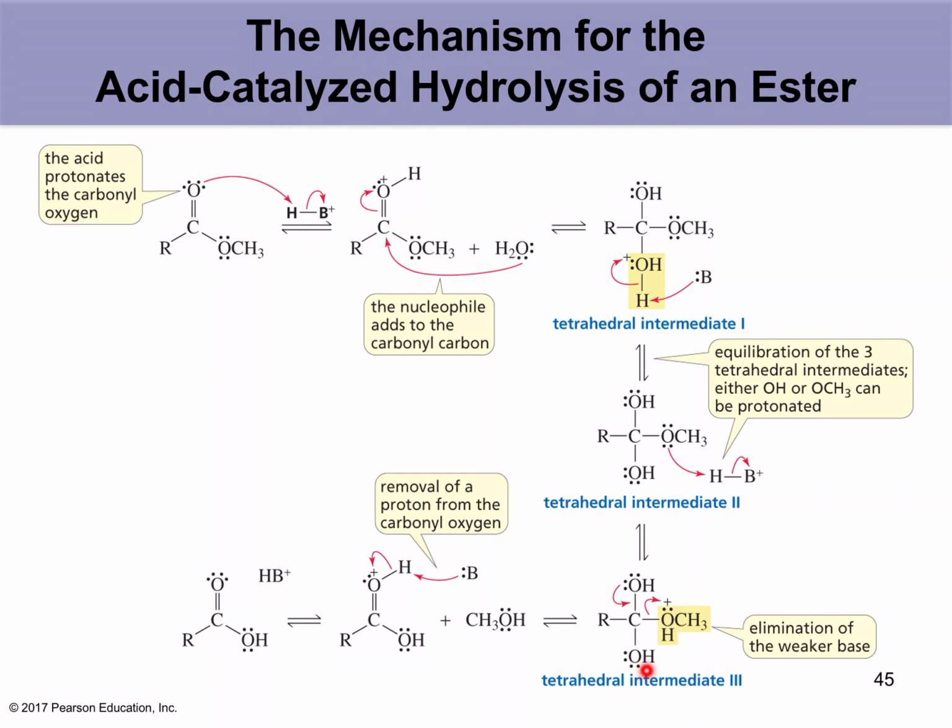If you try to lose a hydroxide, which is not a good leaving group, but here you have a protonated alcohol, neutral molecule, a weaker bond, so the oxygen-carbon pi bond forms, and then the carbon-oxygen bond breaks and leaves methanol as a leaving group. So then the base comes and grabs the additional hydrogen, and we can get back to our acid. That is the acid catalyzed hydrolysis of an ester.